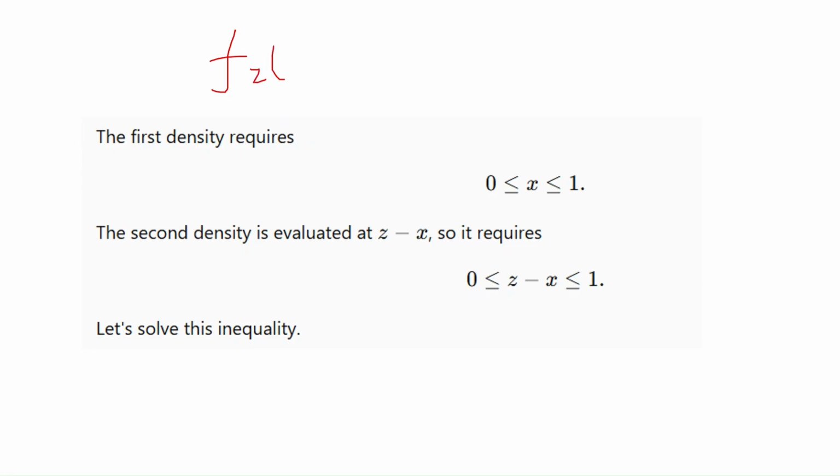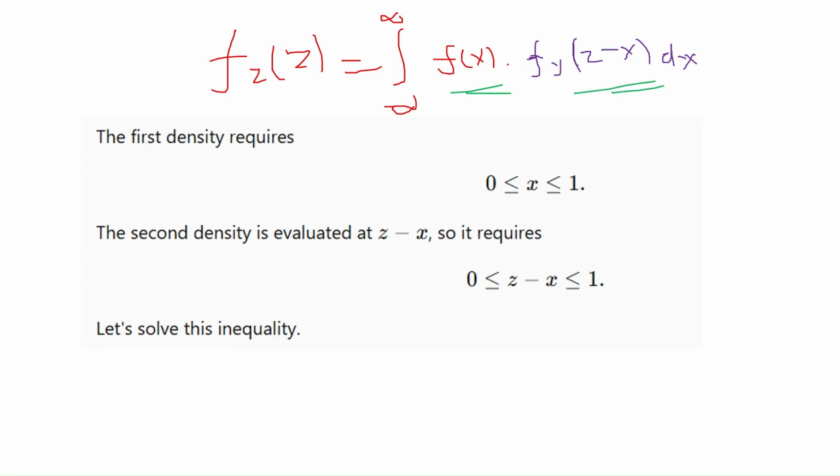So the equation we have is f of z is equal to the integral from minus infinity to infinity of f of x times f of z minus x dx. Now, both of these are uniform random variables. So the product would be either 1 or 0.